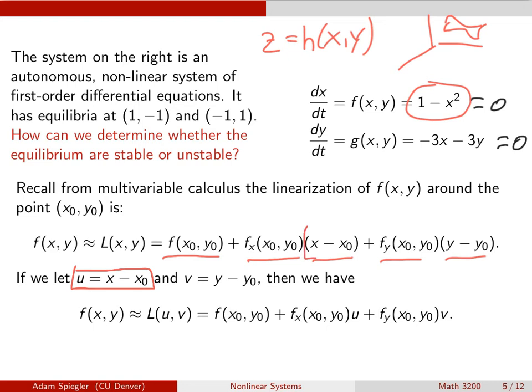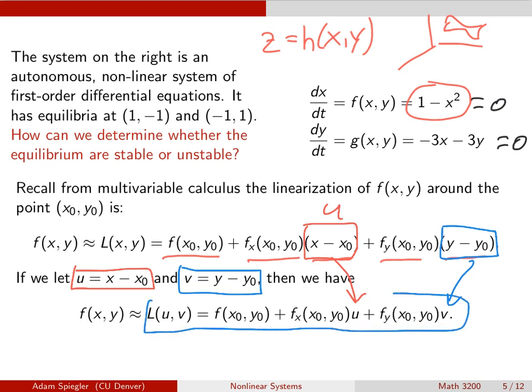All that's going to allow me to do is take this piece over here and just call it u. And I'm going to introduce a second variable v, which is equal to y minus y0. So I can take this piece over here and just replace it with v. Now I can think of this linearization as a function of our two new variables u and v.